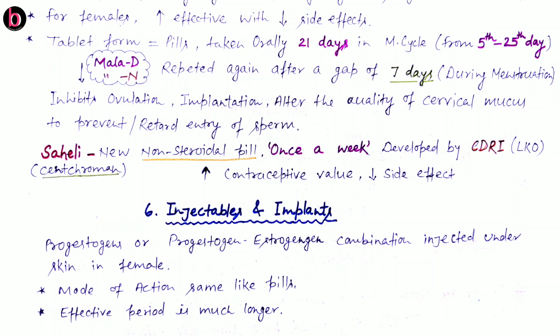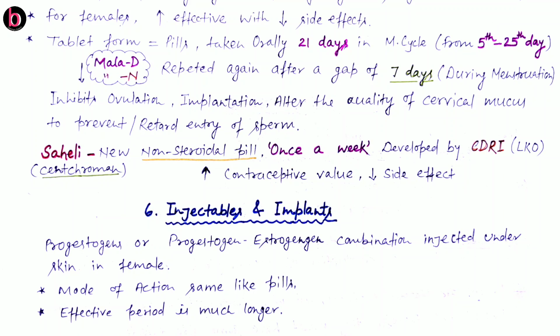Now the mode of action of these injectables or implants is the same as oral contraceptive pills, while the effective period of injectables is many times longer than oral contraceptive pills. What is the difference?